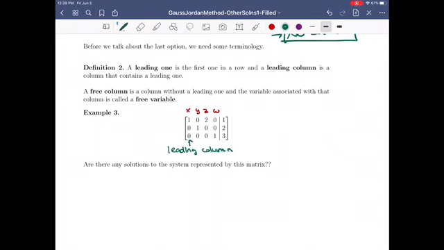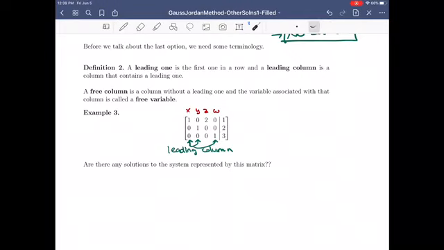So column 1 is a leading column. And this one in row 2 is the first one in that row, which means that the y column is also a leading column. In row 3, the first one appears in column 4, so column 4 is also a leading column.